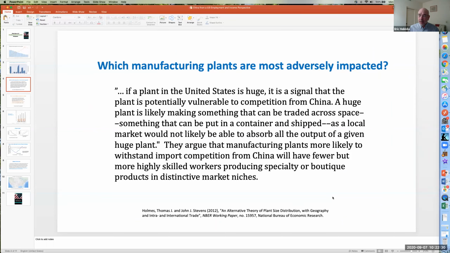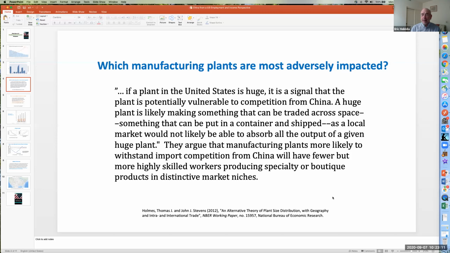The plants that are most likely to be adversely impacted are those, as they say, that trade across space, that produce large volumes of manufactured goods that can be put into containers and shipped all over the United States and all over the world. Because as transportation costs globally are coming down, it invites potential competitors from anywhere in the world to set up those manufacturing plants that can do the same thing, produce large volumes and ship them anywhere around the world.